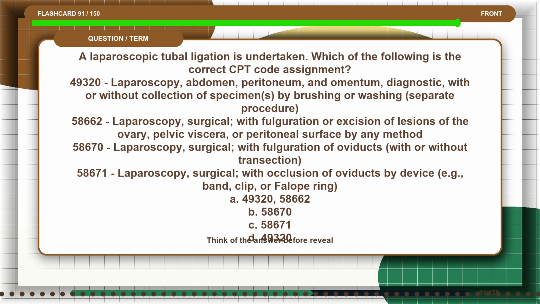Which of the following is the correct CPT code assignment? 49320, laparoscopy, abdomen, peritoneum, and omentum, diagnostic, with or without collection of specimen(s) by brushing or washing, separate procedure. 58662, laparoscopy, surgical, with fulguration or excision of lesions of the ovary, pelvic viscera, or peritoneal surface by any method. 58670, laparoscopy, surgical, with fulguration of oviducts with or without transection. 58671, laparoscopy, surgical, with occlusion of oviducts by device, for example band, clip, or Falope ring.